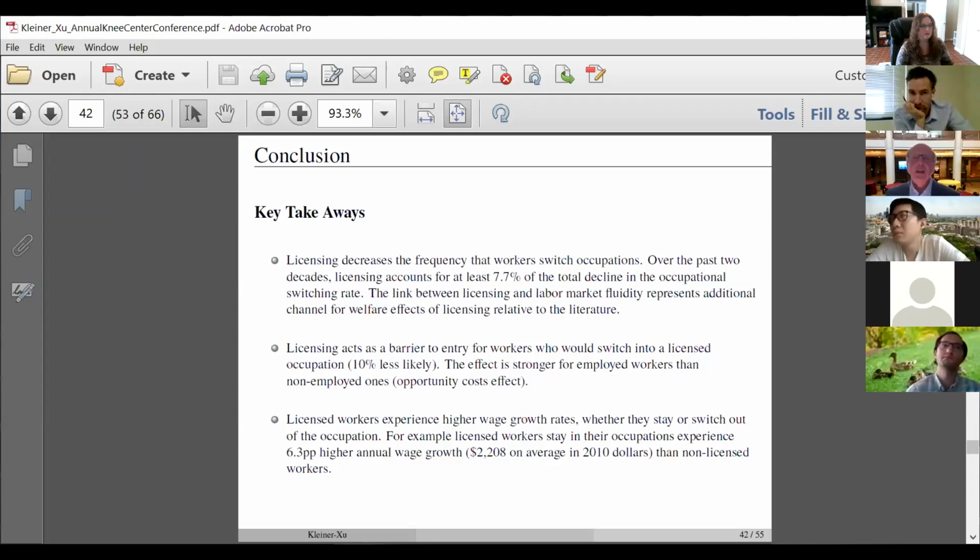This might be an additional factor to consider when deciding at what cost you want an occupation to be licensed.